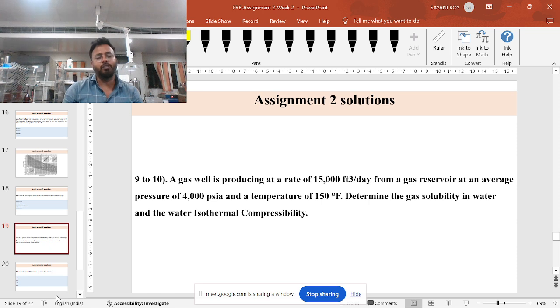But if you want to ask any basic question, like what is porosity, what do you understand by permeability, or what do you mean by reservoir, I can explain that also, because I know you are from a different background and you don't have so much knowledge about petroleum engineering. So by attending live, you can ask any doubt or query and we can discuss it in the class, which will not be available when you are going through the YouTube videos. You can solve the assignments maybe by looking at the videos, but in a live session you can clear your concepts, which won't be easily done when you are attending a recording.